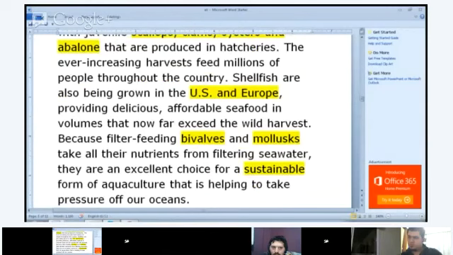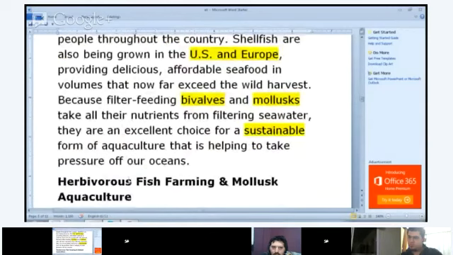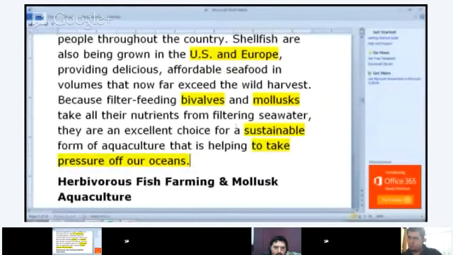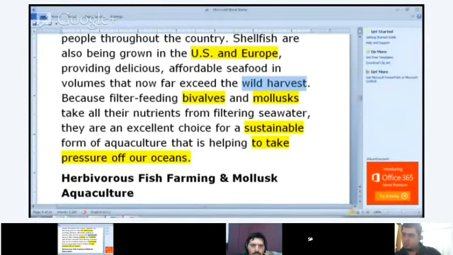And so people are creating seafood without having to catch fish and also without having to harvest, which means to collect or take, the wild shellfish. They don't have to do that because they're farming them.